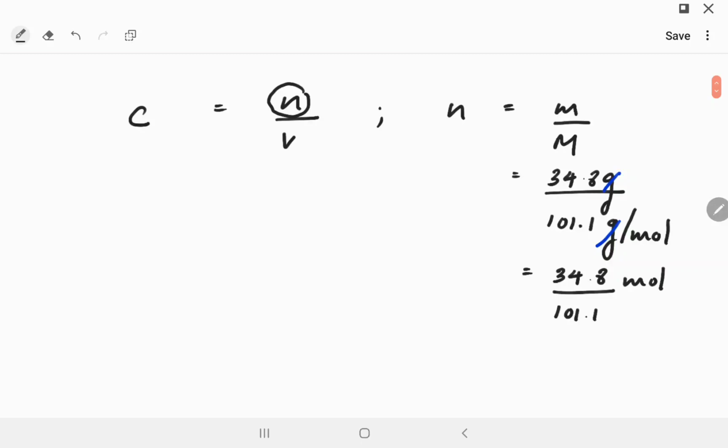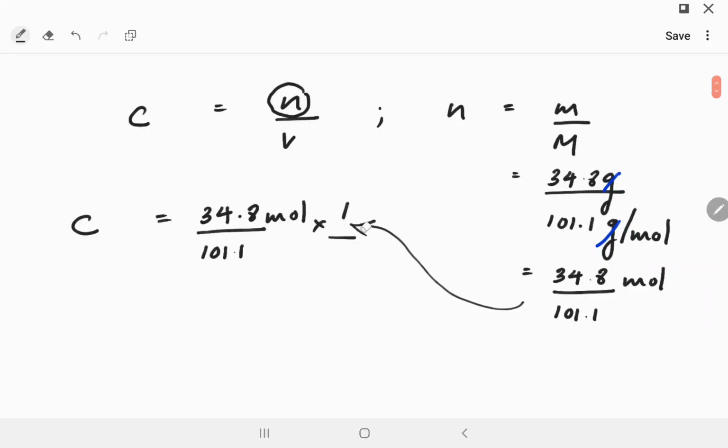Once you have the number of moles, you can switch to the other equation. So let's find the molarity. The number of moles is 34.8 divided by 101.1 moles, divided by the volume.